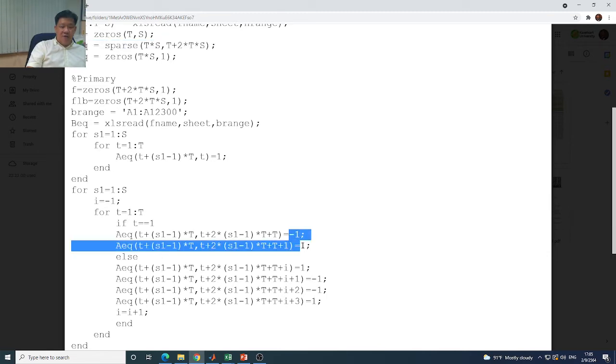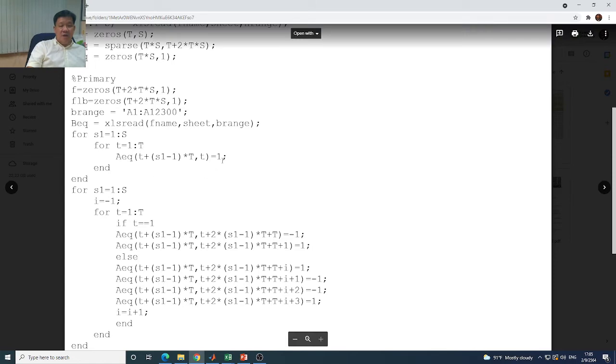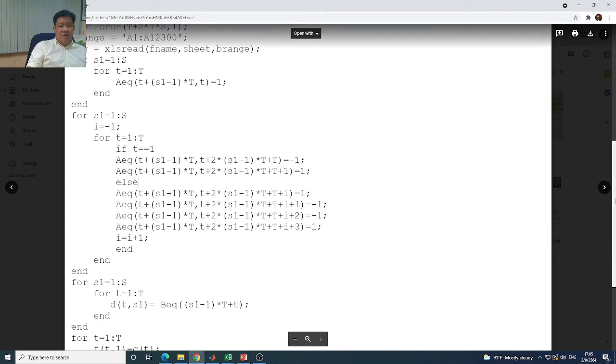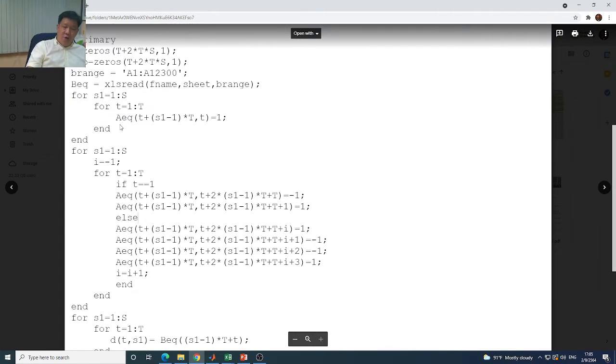I just put the locations that are non-zero, which can only be 1 and minus 1. That's the whole idea, but why the logic? I want you to track down the program and study the logic of the program yourself.